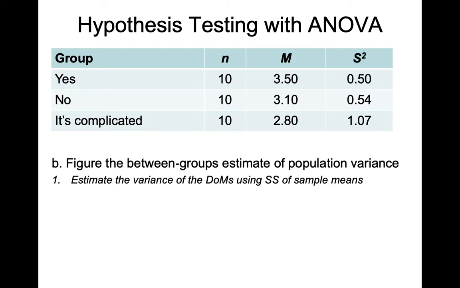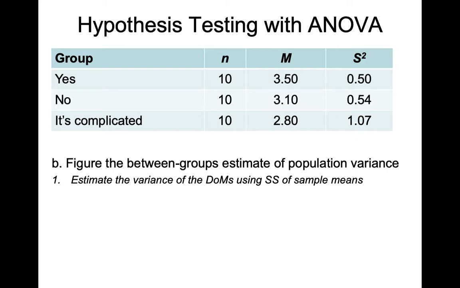Recall that there is a very close relationship between the variance of the distribution of means and the variance in the population. The more variance there is in the distribution of means, the more variance there is in the population. The less variance there is in the distribution of means, the less there is in the population. So the variance of the distribution of means can tell us what the variance in the population is.